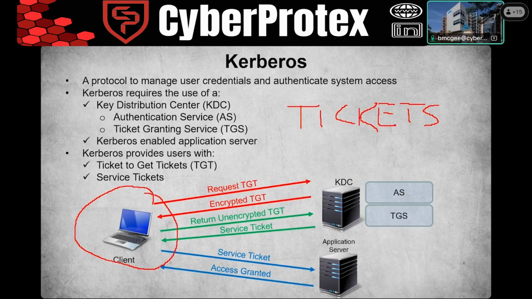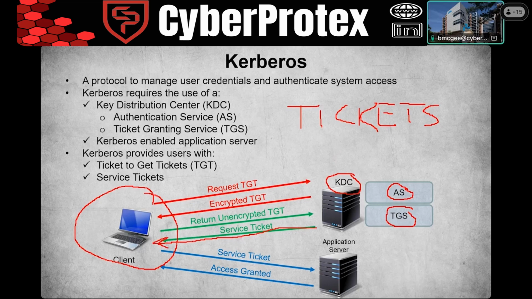Then the ticket from the key distribution center will be sent back to the client encrypted. The client will then return the decrypted ticket to get tickets, and then the authentication server and the ticket granting service will give a ticket back to the client.